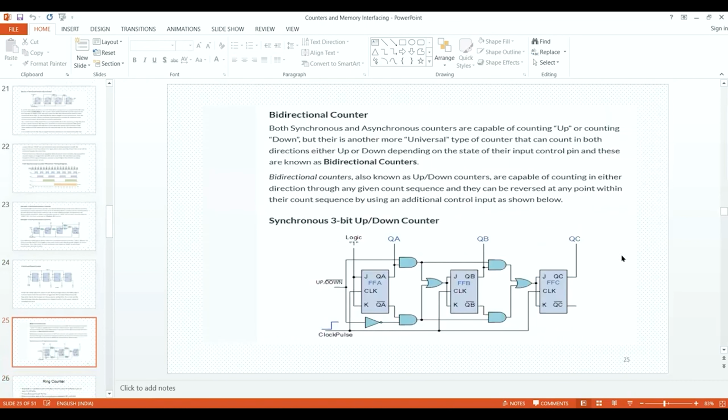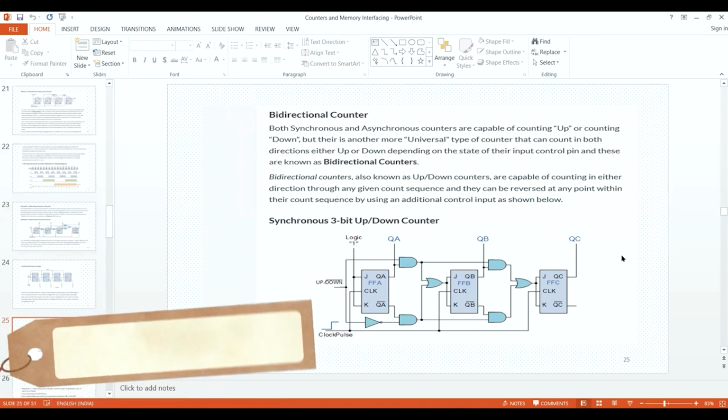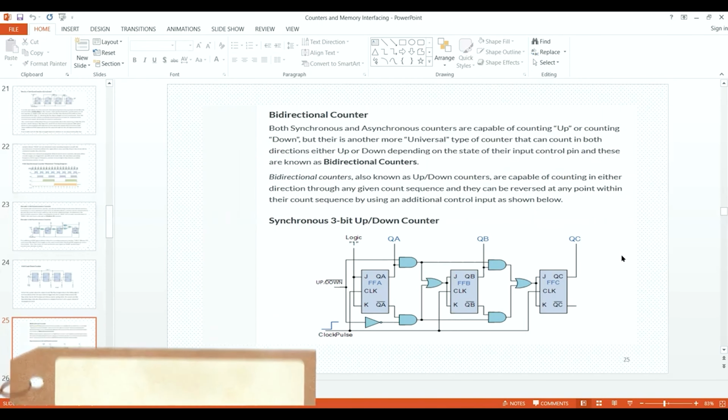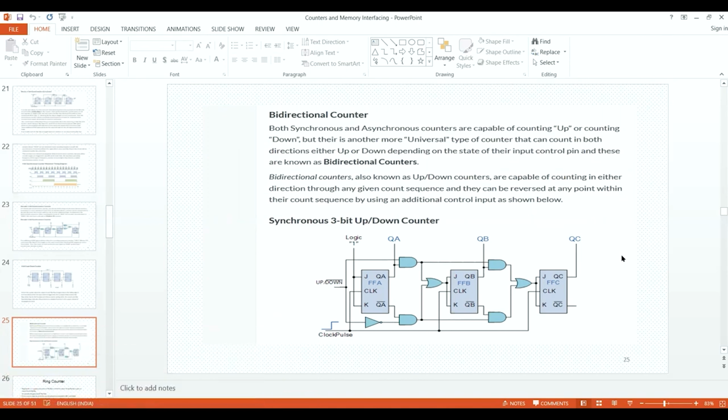The last counter is very, very important. After this, we will only revise the other counters. We have the bidirectional counter, a very, very important counter nowadays. As the name suggests, this can be synchronous also, this can be asynchronous also.